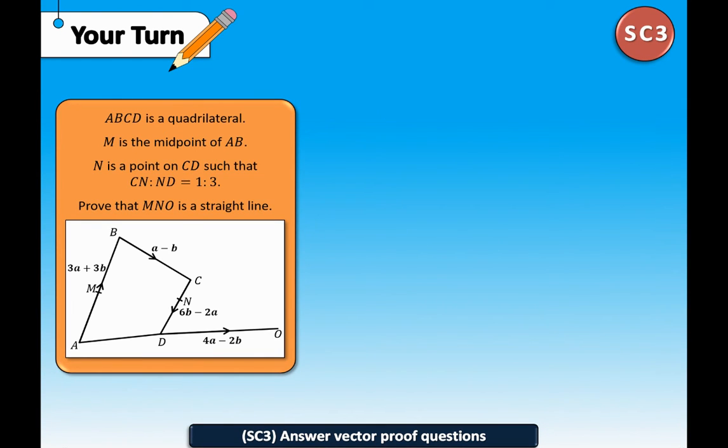Here's the amber question. So we want to prove MNO is a straight line. So we need to work out the vector MN and then the vector NO. So MN is MB plus BC plus CN.